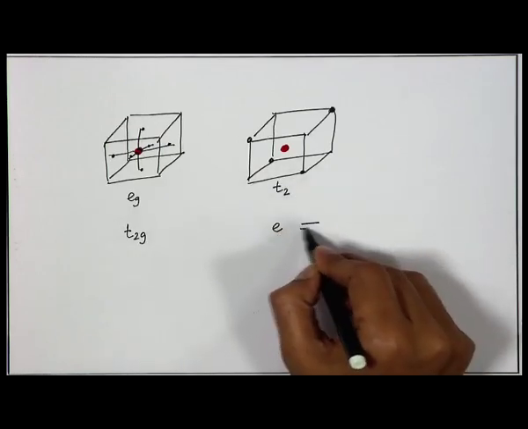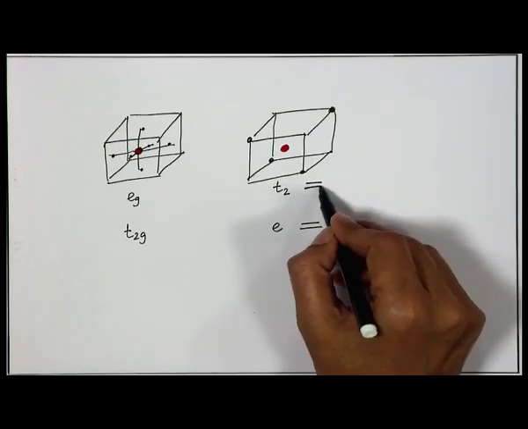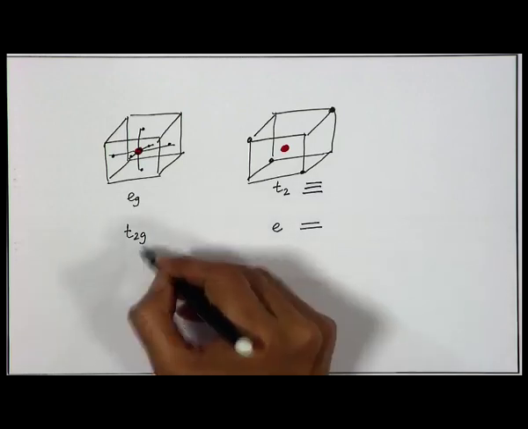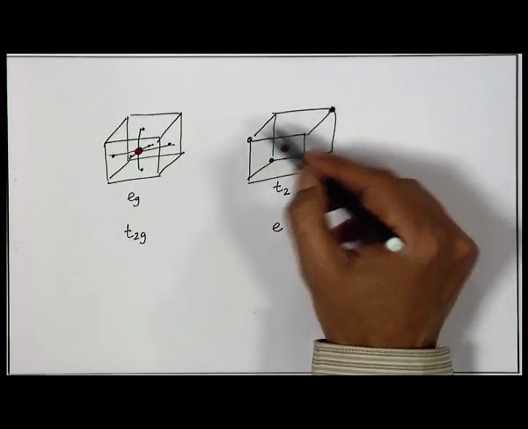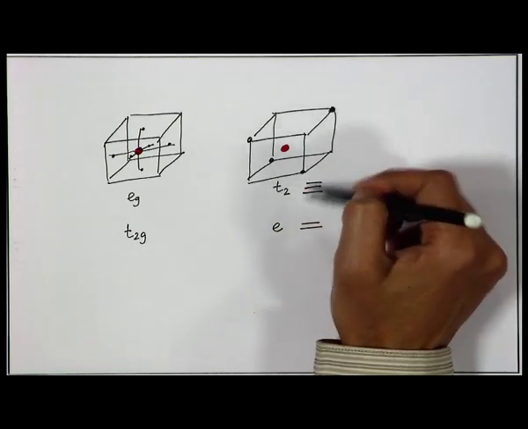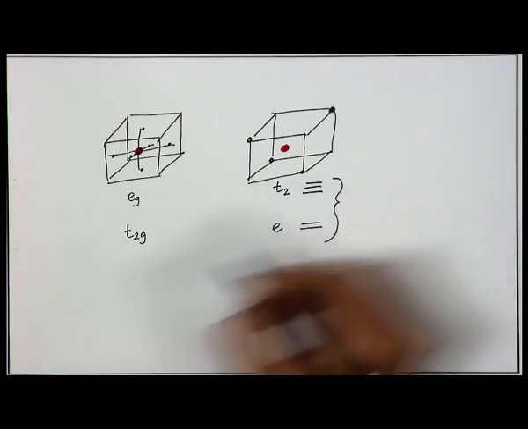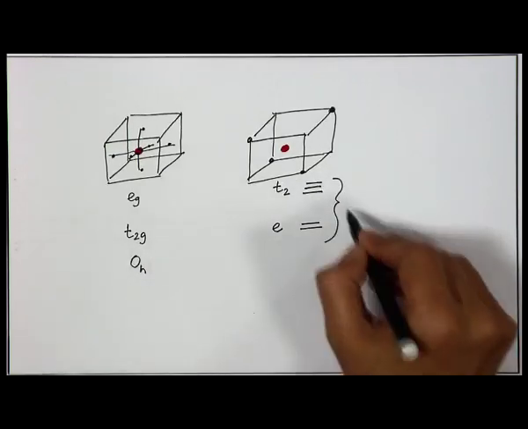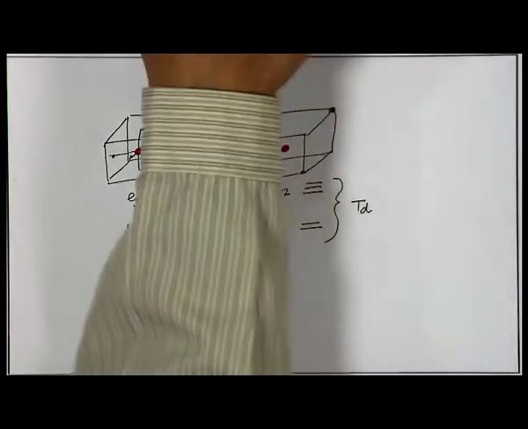So, we will have 2 low energy levels and 3 high energy levels, and g is dropped because this has no center of symmetry or center of inversion with respect to the crystal field. So, this will be the crystal field splitting when instead of an octahedral field we have a tetrahedral field.